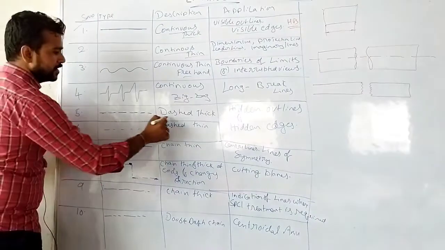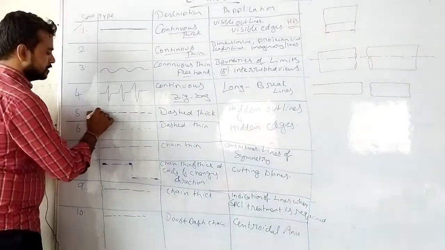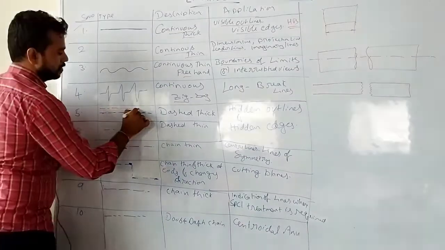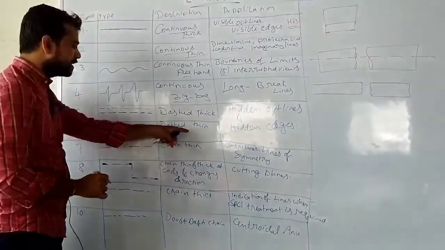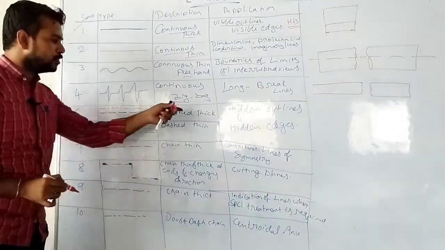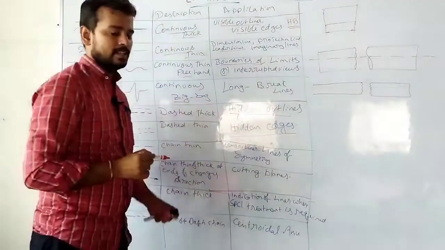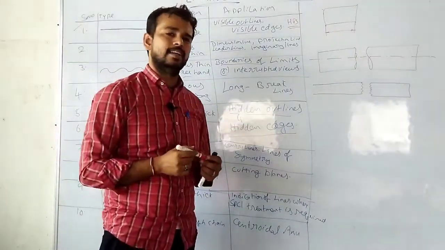Next thing is dashed thick. This is the dashed thick, and this is the dashed thin. Both these things are useful in drawing hidden outlines and hidden edges. So what are hidden outlines and hidden edges?